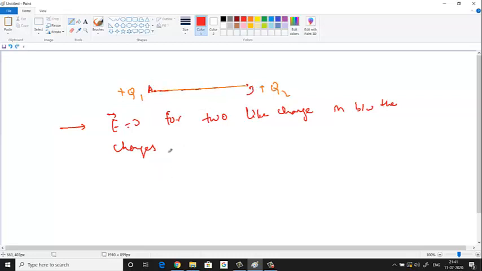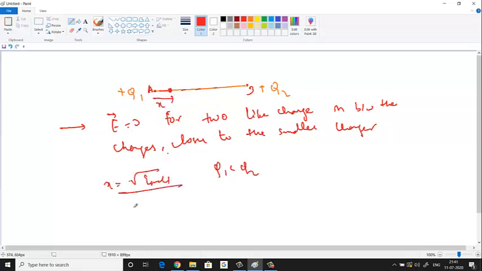In between the charges, closer to the smaller charge. Suppose Q1 is less than Q2, then it will be closer to this charge. This formula we use: x is equal to Q small by Q large plus Q small into L. This x is the distance from the smaller charge only.